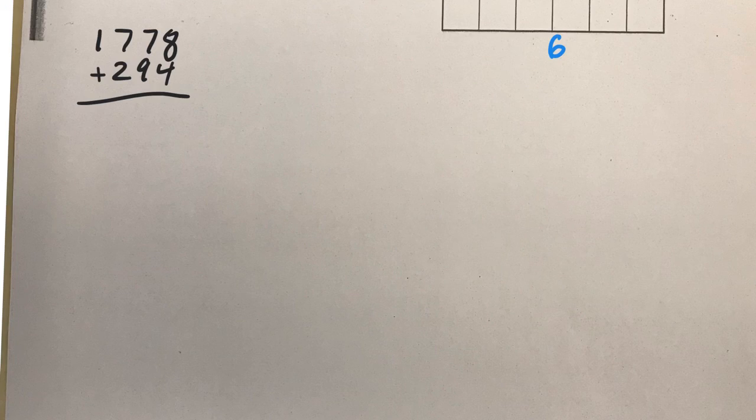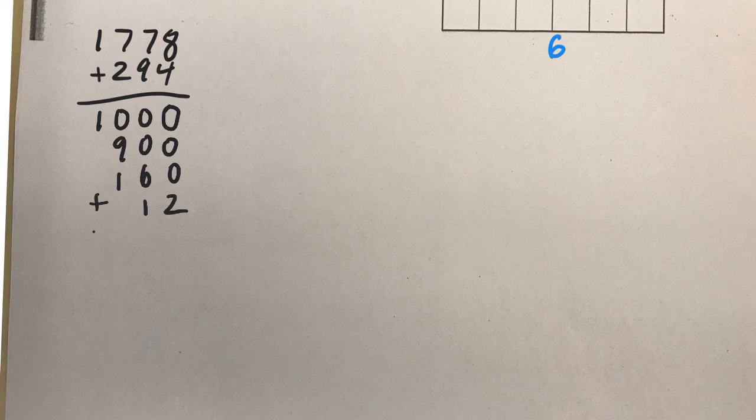So with partial sums, you just need to go by place value. And it doesn't matter what order you go in. You can go from largest or greatest to smallest, or the other way around. Let's do this one. 1,000 plus nothing gives us 1,000, and it's important to write very neatly. 700 plus 200 gives us 900. 70 plus 90 would be 160, and finally 8 plus 4 is 12.